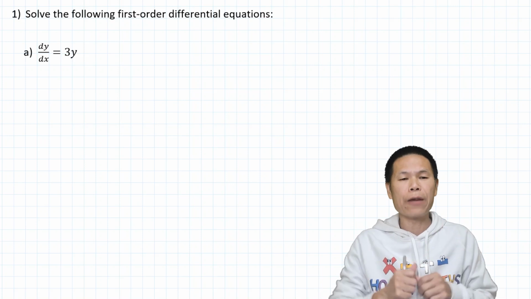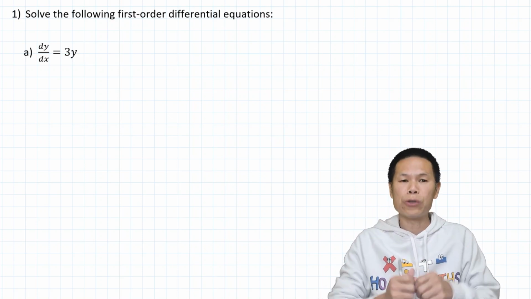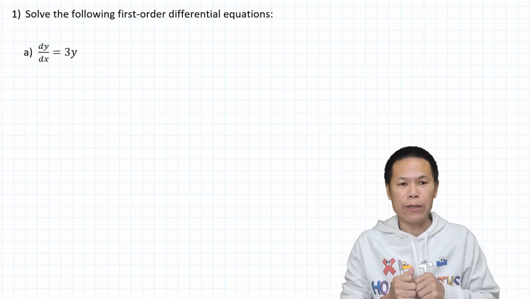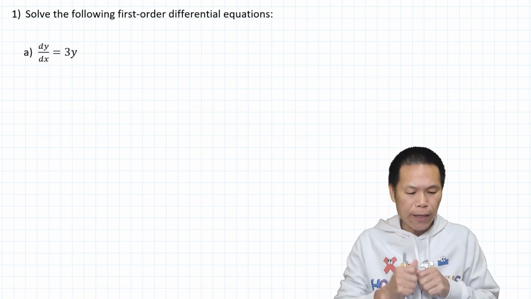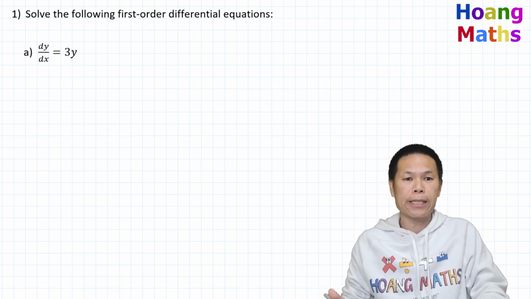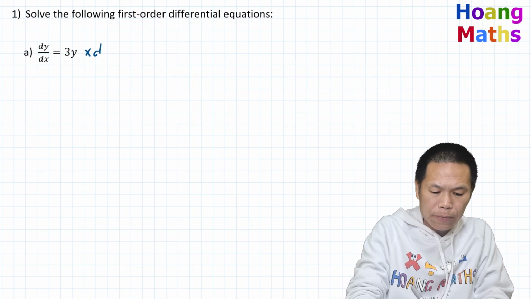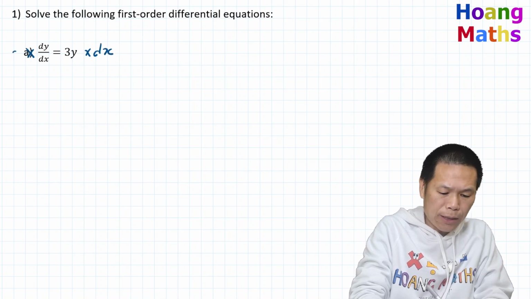To solve these kinds of differential equations, the first step is we need to separate y with dy. So in this case, first step is, let me just times dx on both sides. If I times dx here, and this is times dx, so that cancels out.